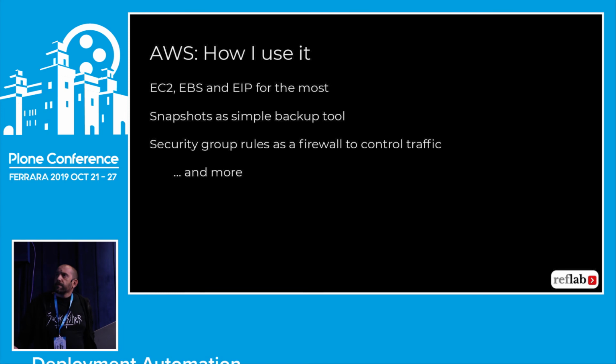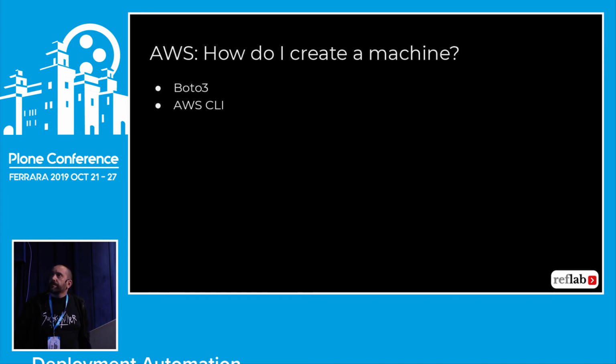And the snapshots, that I use as a simple backup tool because you can make a snapshot of a disk. And the security group rules that I use as a firewall.